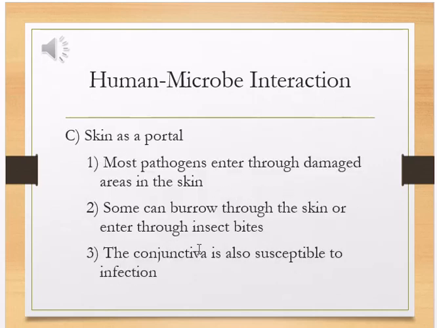Now the skin as a portal. Most of the time, skin does not allow any germs to enter our body. However, when there is a cut, when there is some opening on the skin, then the germs will take an opportunity to get in. Also, for example, let's say the eyes remain open, and bacteria come into our eyes and settle.